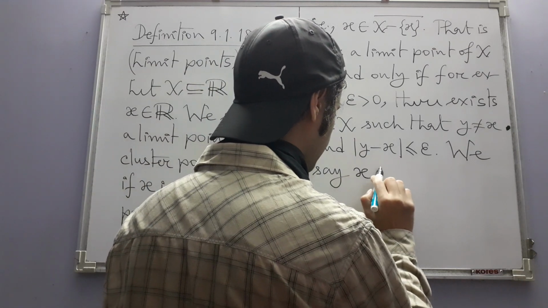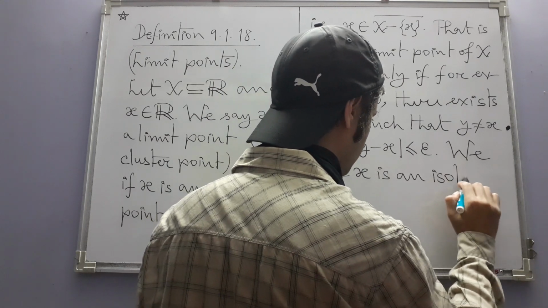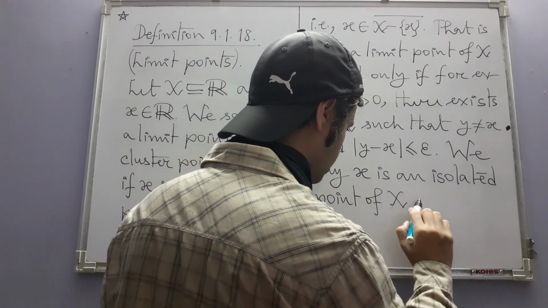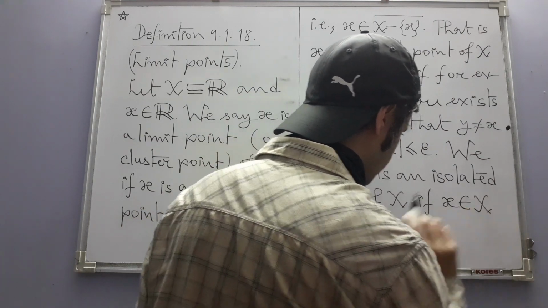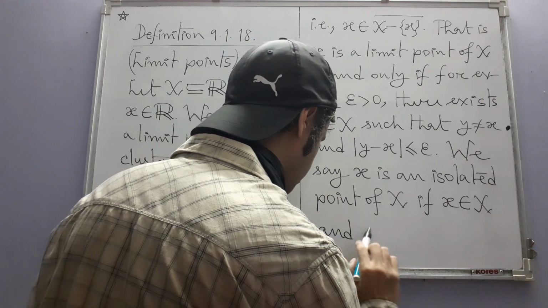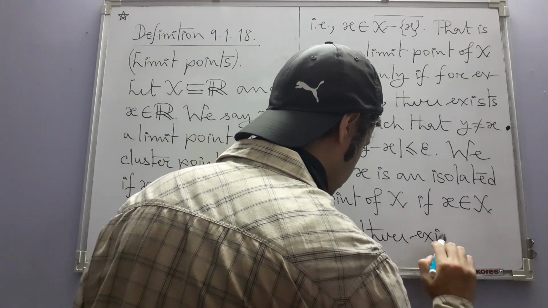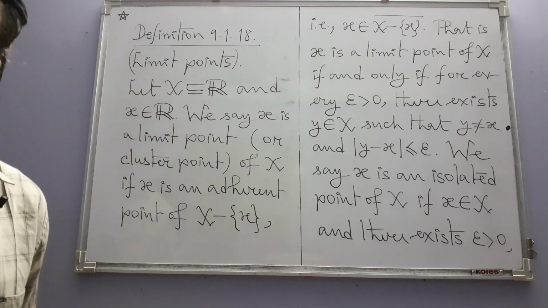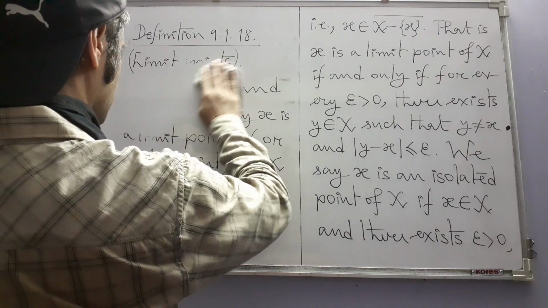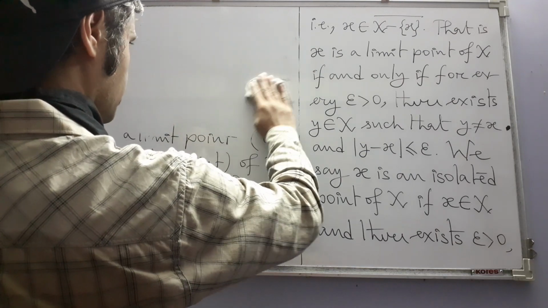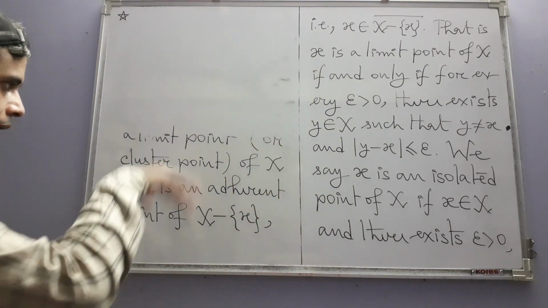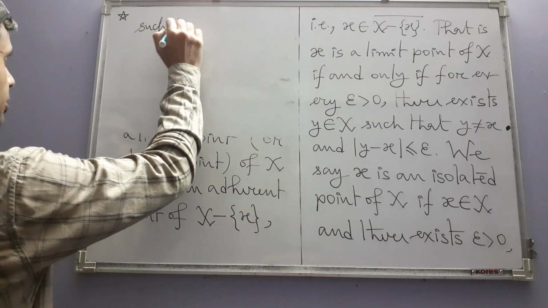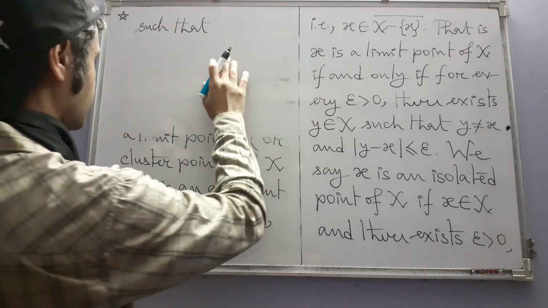We say x is an isolated point of our set if x belongs to X and there exists epsilon greater than 0 such that, I don't want to clean and wrap this up fully right now itself, I just want to show the distinction between these two types of points, between their conditions.